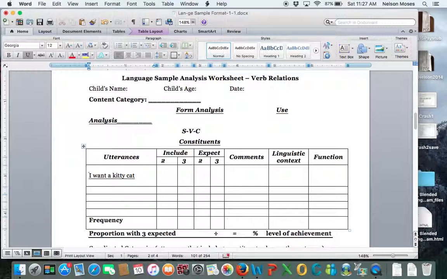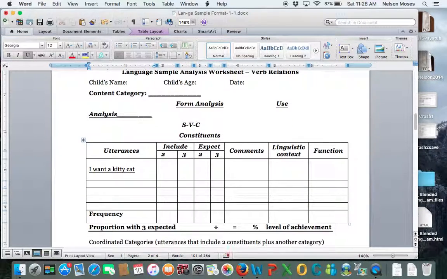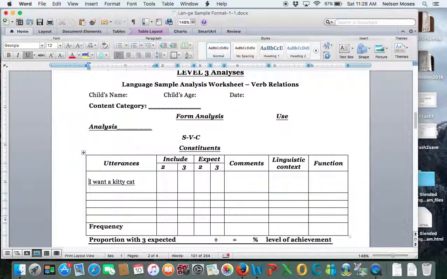A single verb. They will be the reflexive object relation, or the object relation content categories. Those are the ones we are going to be focusing on for our level 3 analysis, if you remember that original Lahey chart that we went through.